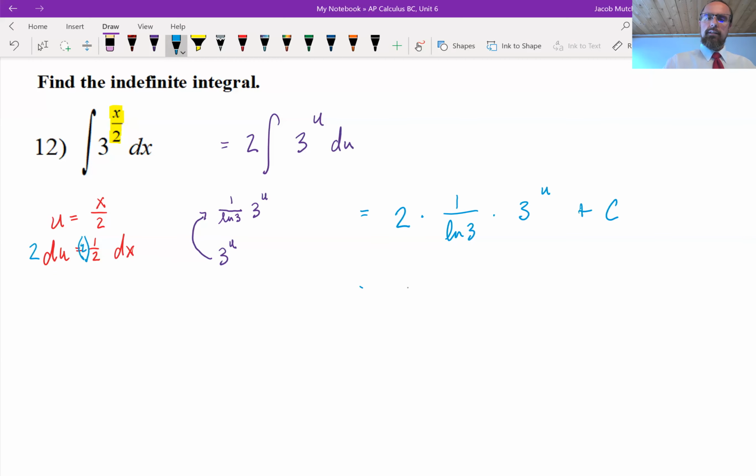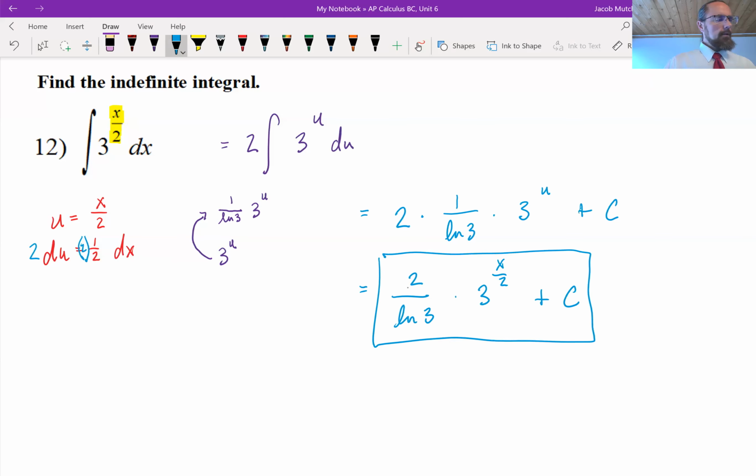So this is going to give me 2 over the natural log of 3 times 3 to the power of x over 2 plus c. And that completes the integration for this final exponential example.